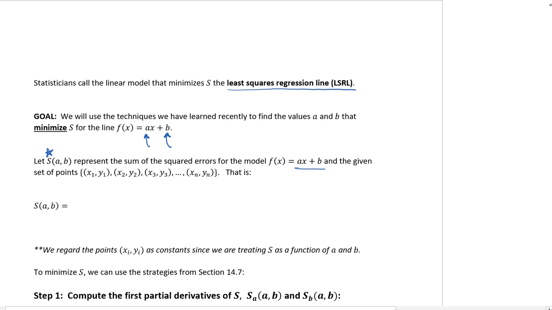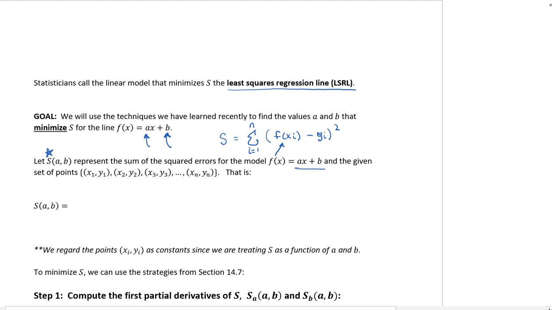So our function s of a, b, remember from the page before we were defining s to be the sum from 1 to n of the predicted outcome minus the actual outcome squared. And we're going to use our linear function to represent this f of x sub i.